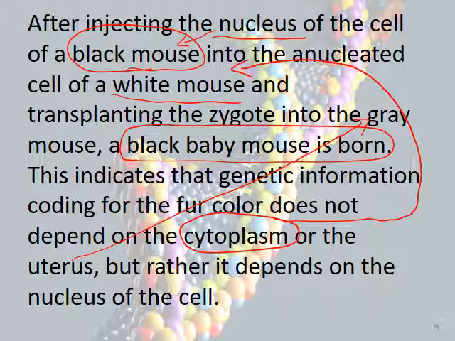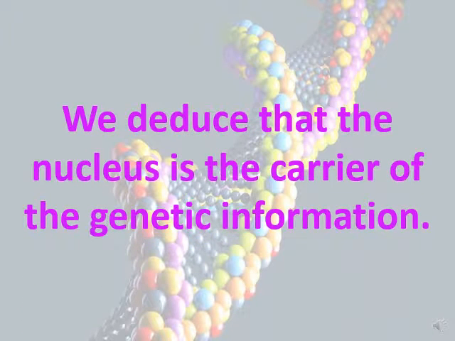The genetic information coding for the fur color depends on the nucleus of the cell. So, as a conclusion, we deduce that the nucleus is the carrier of the genetic information. As a summary, this experiment was done to prove that.